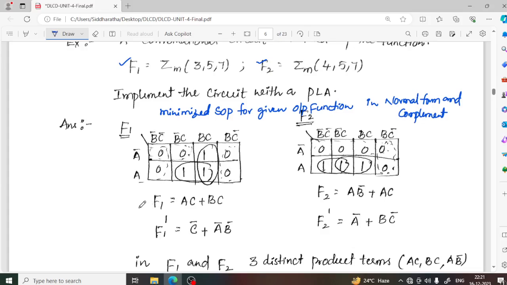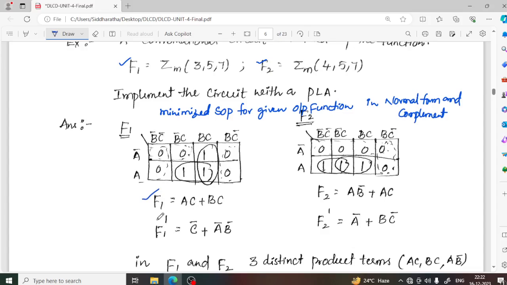First, minimize F1 by grouping ones. To group the ones, two pairs are possible. This is one pair, this is another pair. For this, the simplified expression is AC. For this pair, the simplified expression is BC. So this is F1 in normal form.